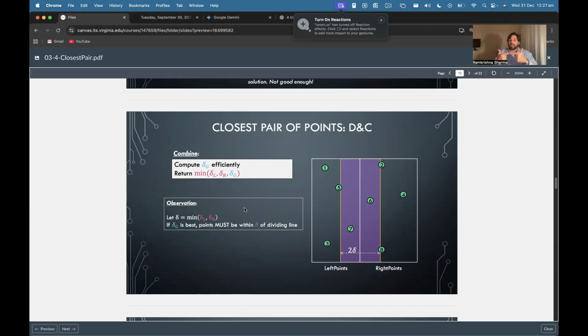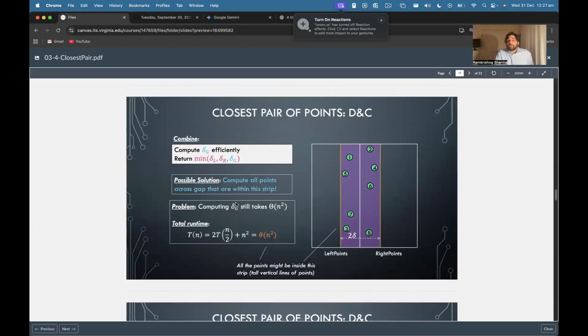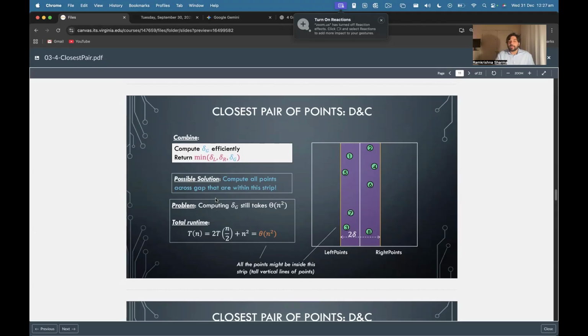So let's create a net to delta, which is delta this way, delta that way. So we know for a fact that we've at least created a territory where a pair that is less than delta will exist. That gets us somewhere, but in the worst case, they could all be in this strip, and it's still quadratic because we're still checking every point with every other point.